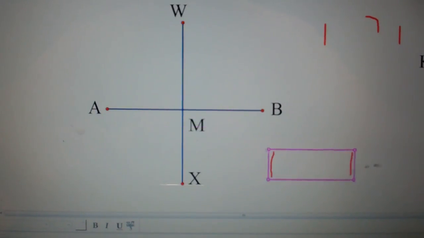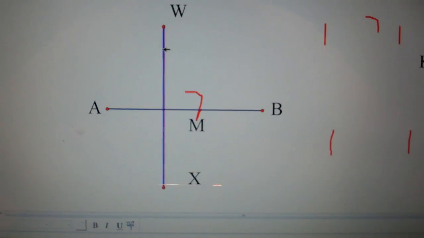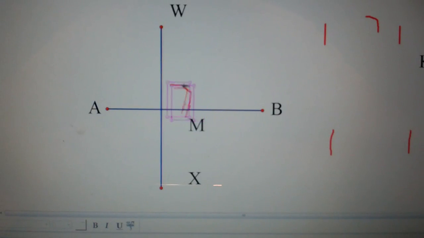What is also interesting, and make sure you have this notation correct, is that if you just have a 90-degree angle symbol right here as the box, that also does not necessarily mean that WX is a perpendicular bisector, because I can move this segment along the segment AB, and we can obviously see now that it's not a bisector at all.